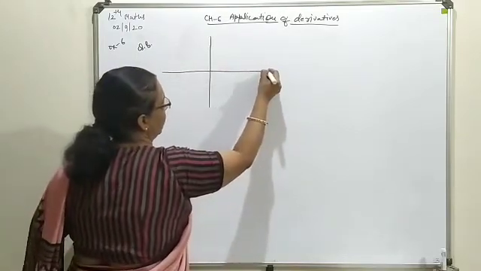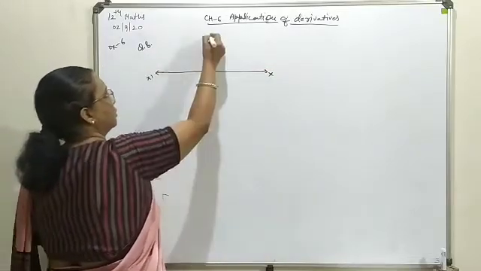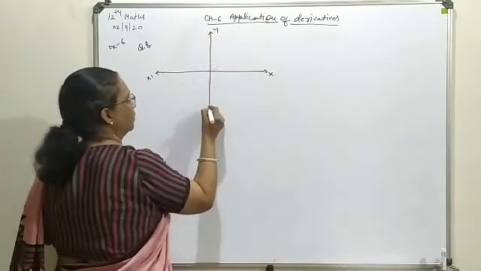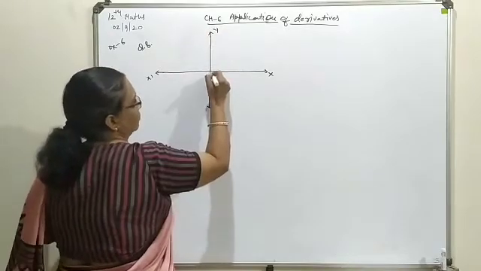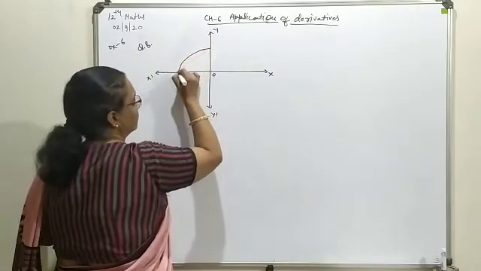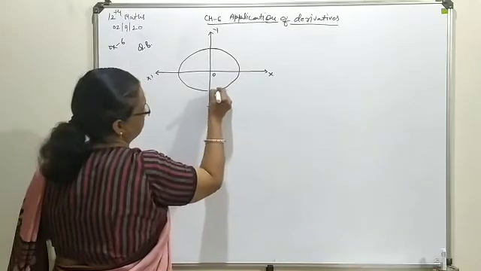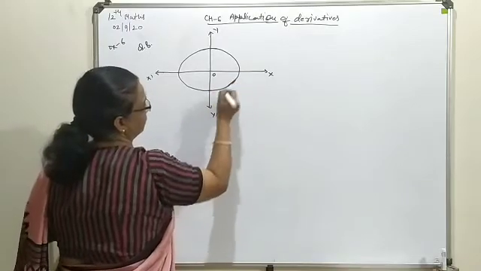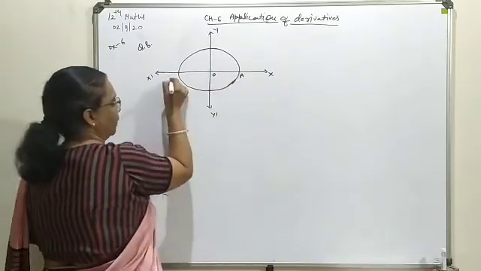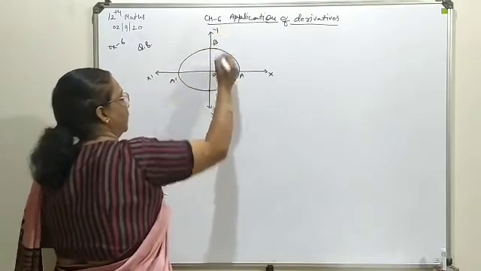You are all clear about the elliptical shape, and its basic property we also discussed last year. This is the origin, this is the elliptical path. These are the endpoints of the major and minor axes.